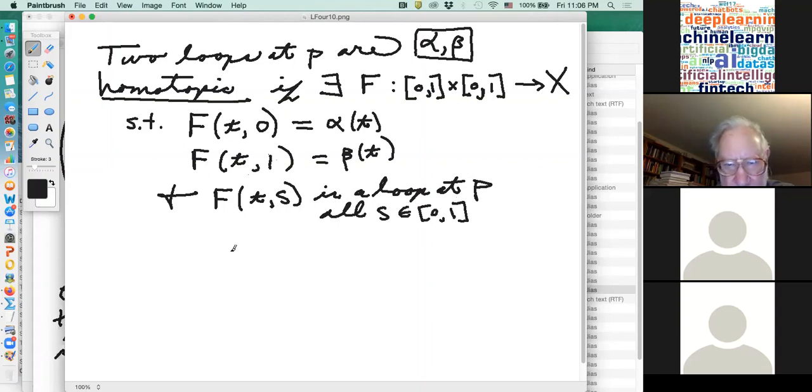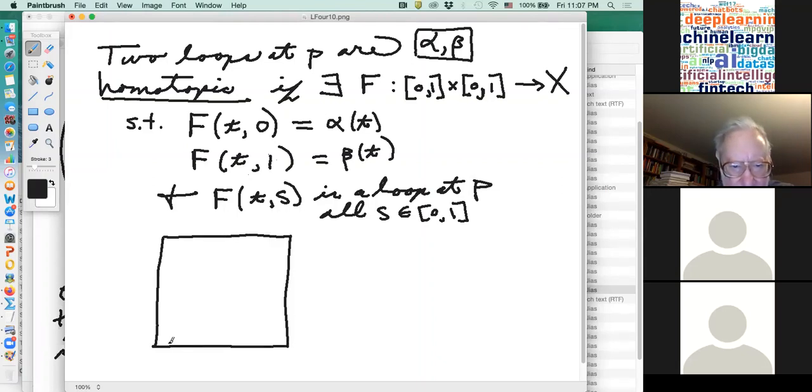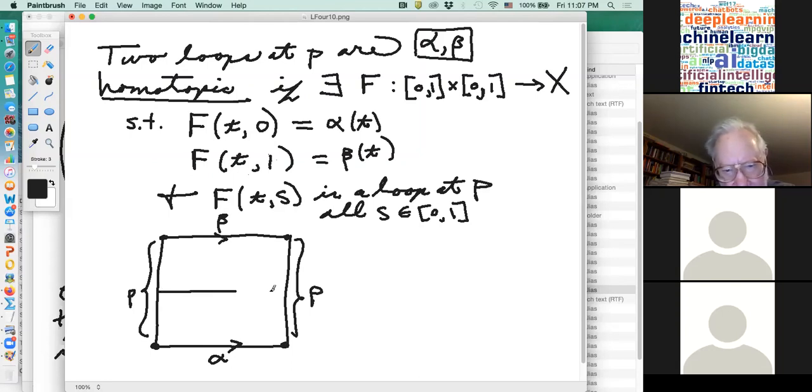So what that means is the following, that we have the following picture. We're mapping this square in, and along the bottom, we have alpha. And along the top, we have beta. And this entire edge goes to P, and this entire edge goes to P. So that if you were to take any intermediate line, this would be F of something, S, where S is this distance here, that would also be a loop.